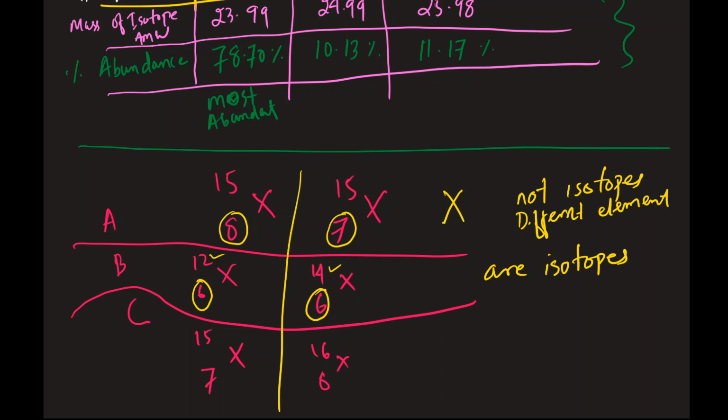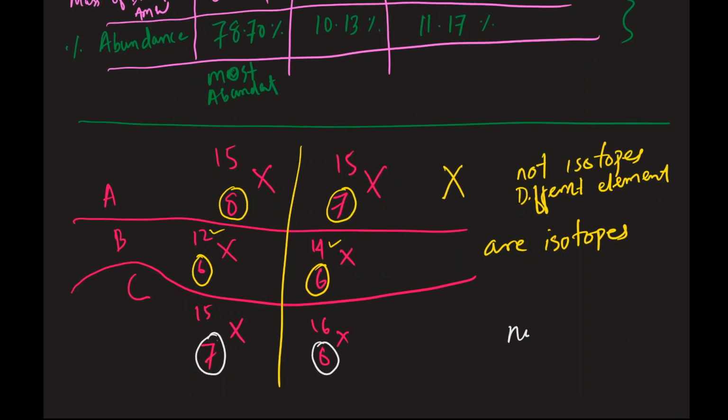How about this bottom one? 6 and 7. These are not isotopes because they have different proton numbers. If they have different proton numbers, they are from different elements. All right, I'm going to stop right here.